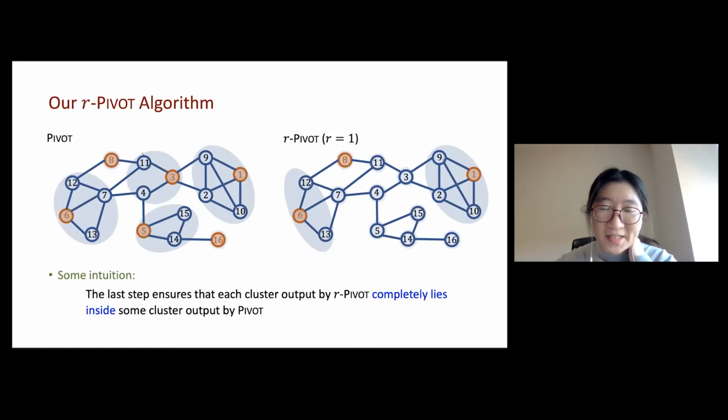This also means that every extra mistake we make in R-pivot will be an edge that lies inside some cluster output by pivot, but now goes across different clusters in the R-pivot algorithm.